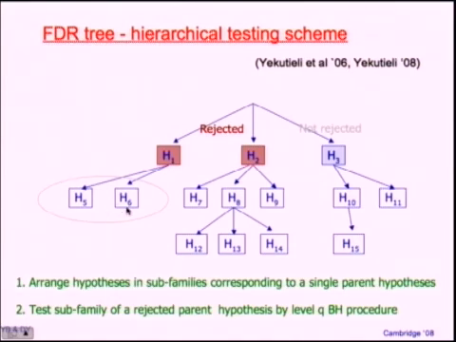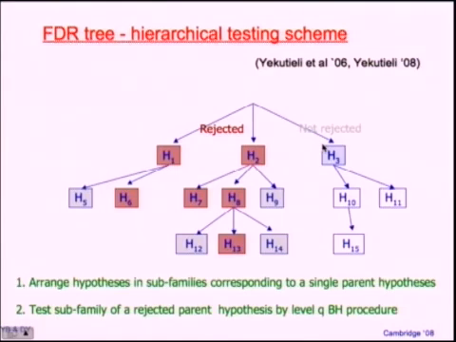You test this one separately and see whether you reject. You test this one separately and see what you reject. And you continue. Here you reject the two together, and you reject here. Here you don't continue at all because you didn't reject here.